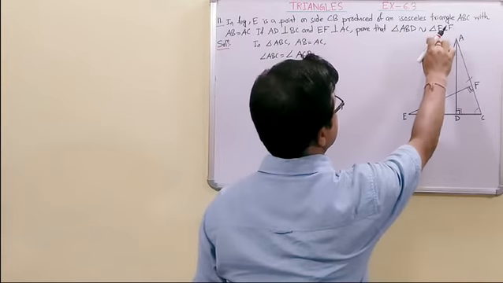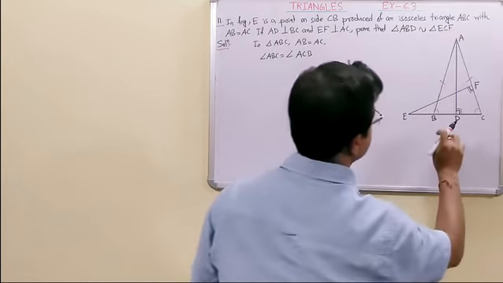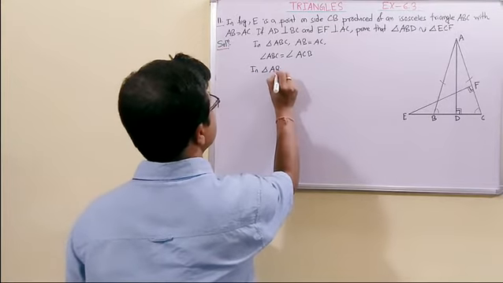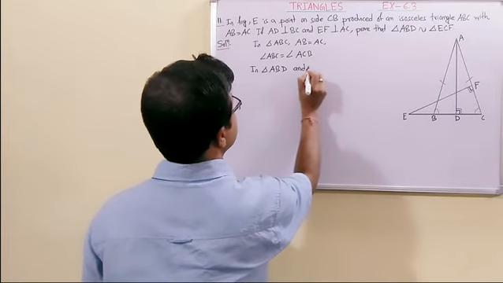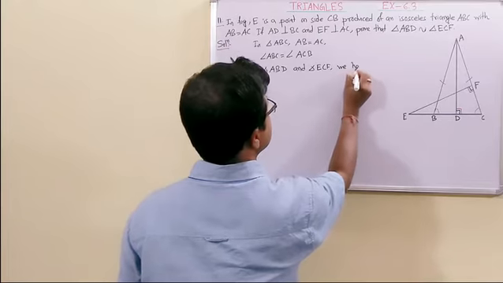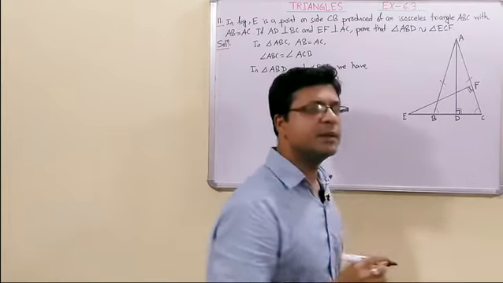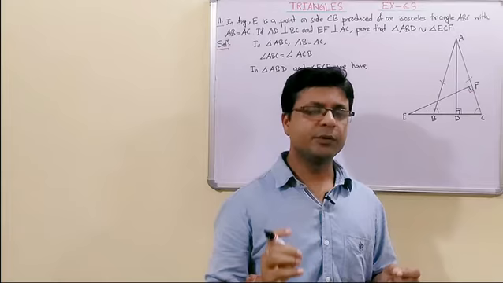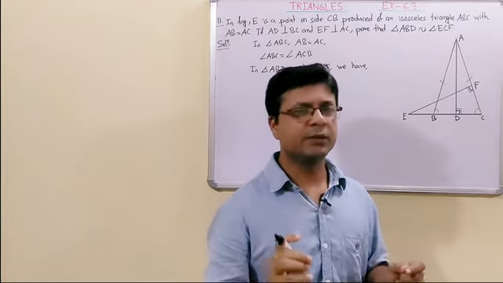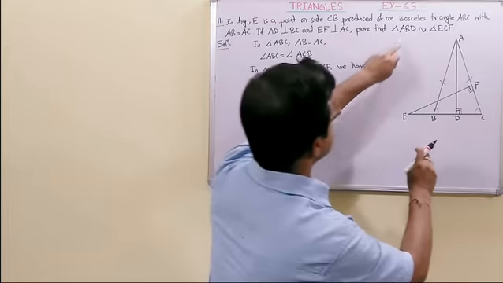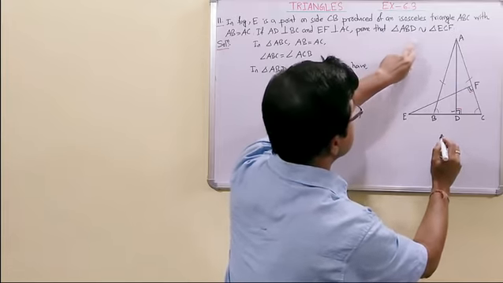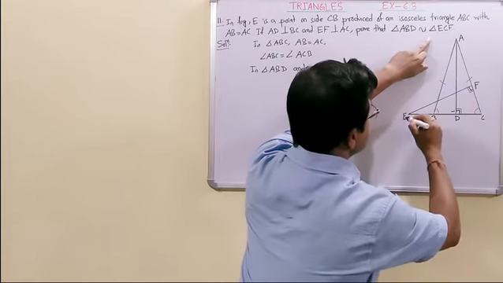Now let us take triangle ABD and triangle ECF. In triangle ABD and triangle ECF, to make them similar, the question is how we can prove they are similar. So we shall search for two pairs of angles which are equal. Now which is the triangle ABD? Students, you can see that this angle is equal to this angle in triangle ECF.